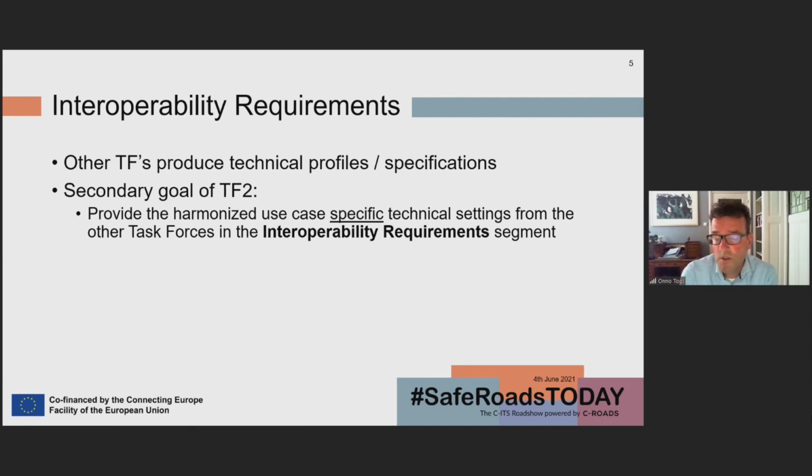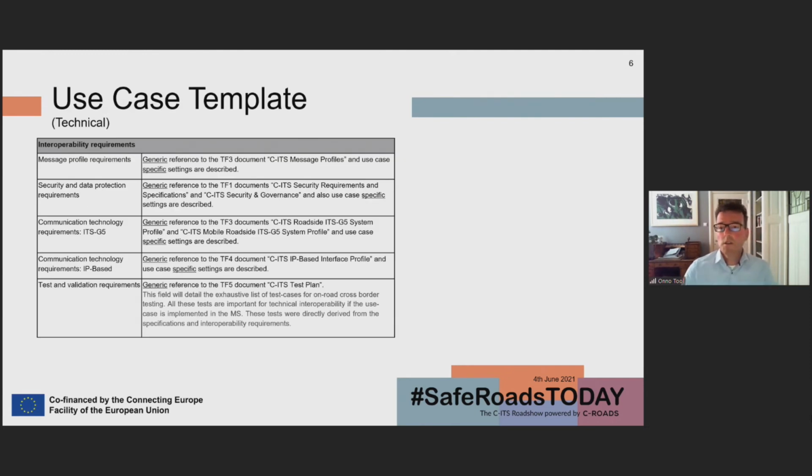If we talk, for instance, about a IGST5 or IP based. But for a lot of use cases, there are specific technical settings needed and to be harmonized to reach interoperability. So that's why we have developed a second part of the template within a use case. That's the part that you can see here.